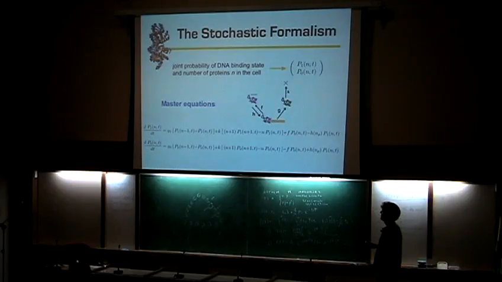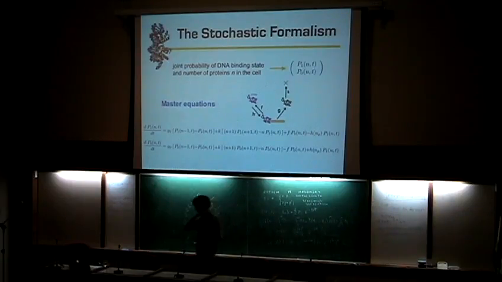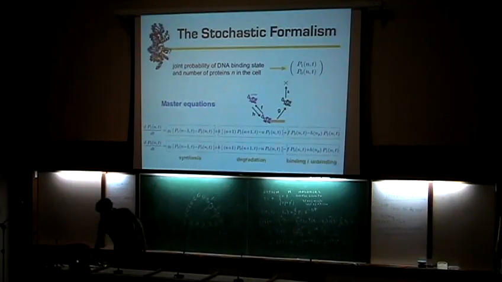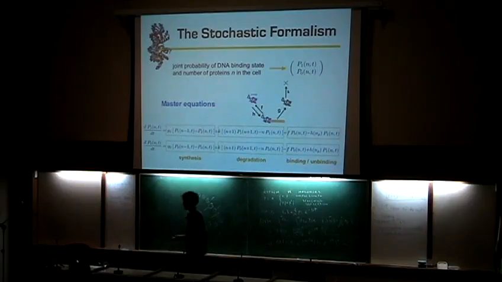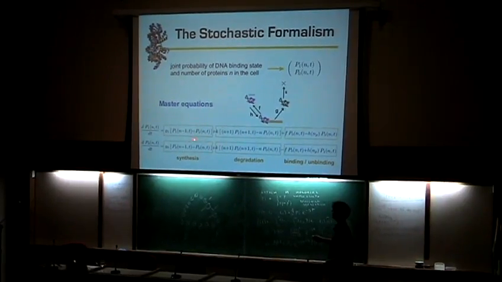Now, the master equation is a detailed balance equation of these probabilities. So it includes a bunch of terms. For example, these are the terms referring to the synthesis.